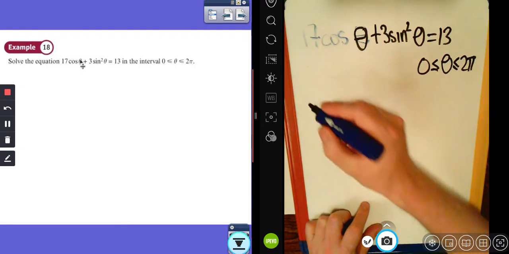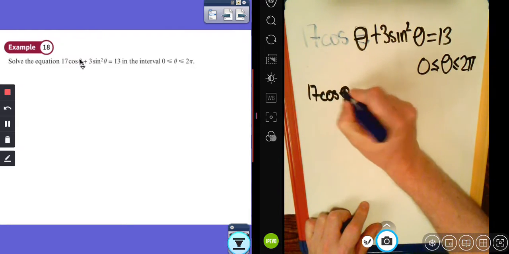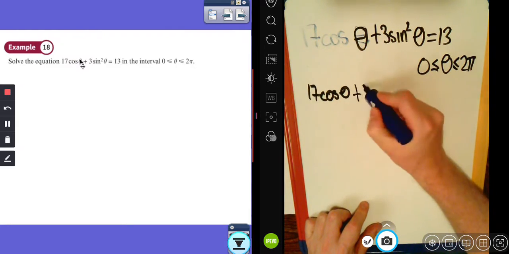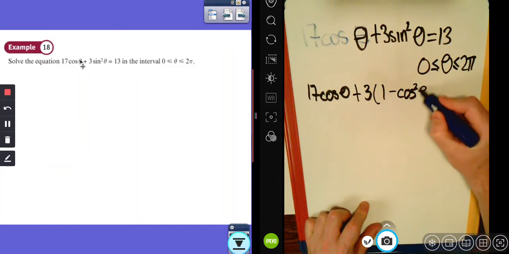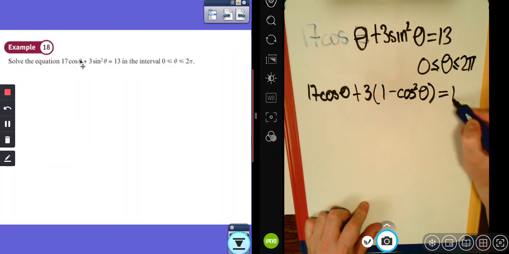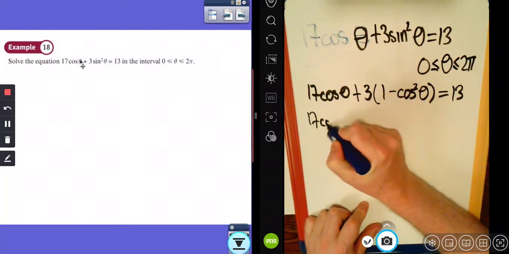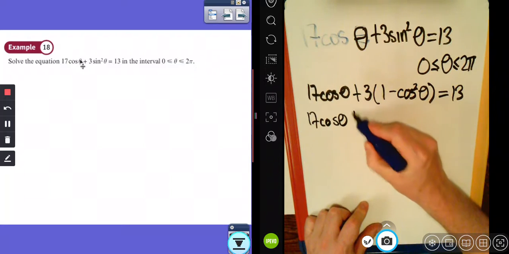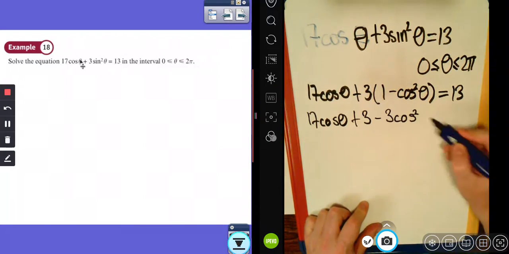So we can rewrite this line that you can't properly see at the moment as 17 cos theta plus 3 times 1 minus cos squared theta equal to 13. I can now expand out this bracket, so we get 17 cos theta plus 3 minus 3 cos squared theta equal to 13.